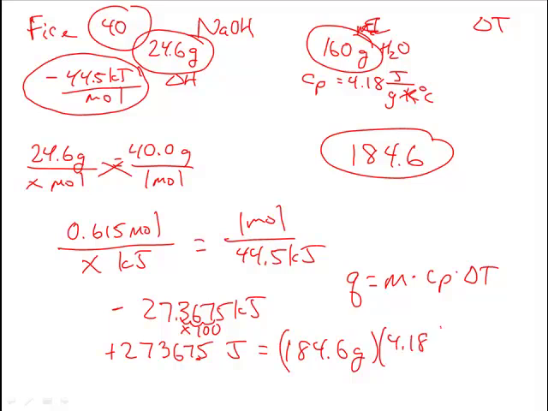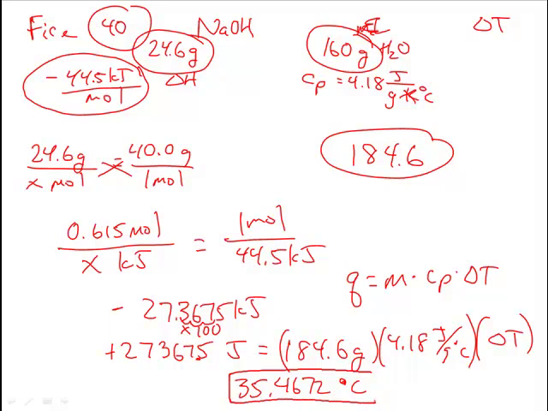This is 4.18 joules per gram degree Celsius, and the delta T is what you don't know. So then you just solve for the delta T, divide by 184.6, divide by 4.18, and this gives you 35.4672 degrees Celsius. So that is how to go about a problem like that.